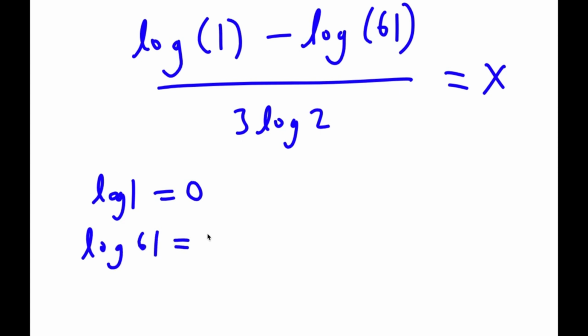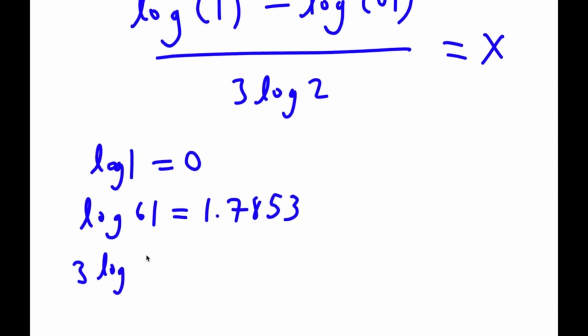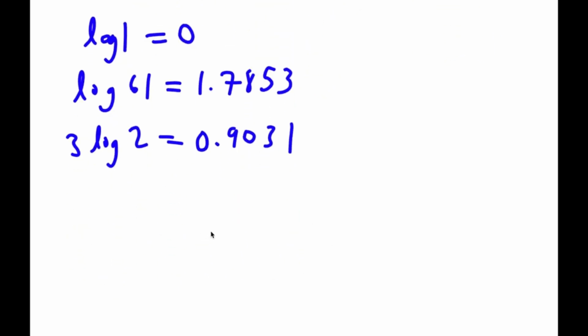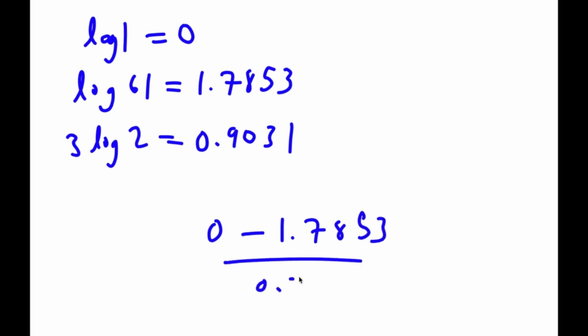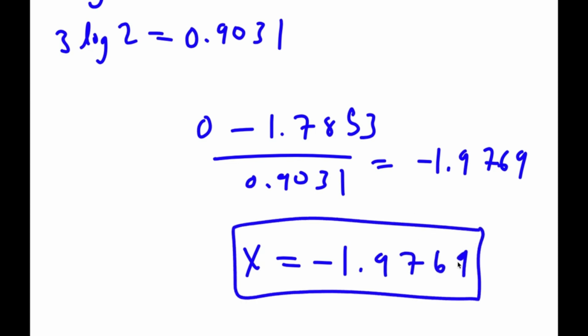Log 61 is equal to 1.7853, and 3 times log 2 is equal to 0.9031. So now I have 0 minus 1.7853 over 0.9031, and this is equal to negative 1.9769. So x is equal to negative 1.9769.